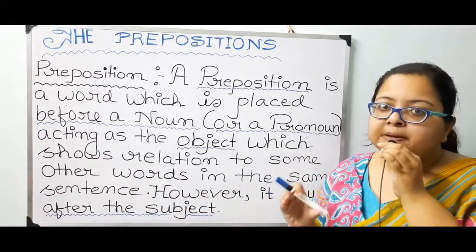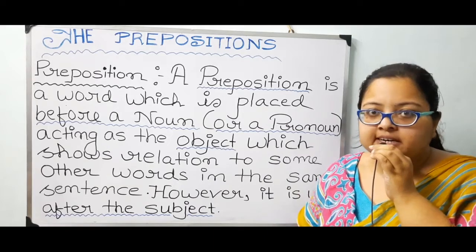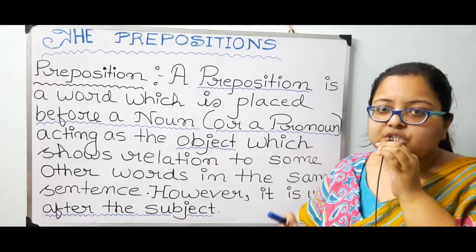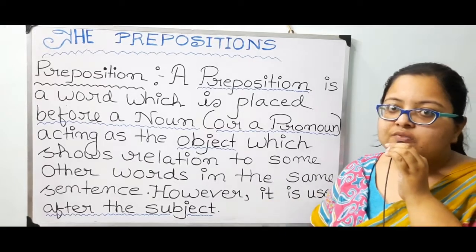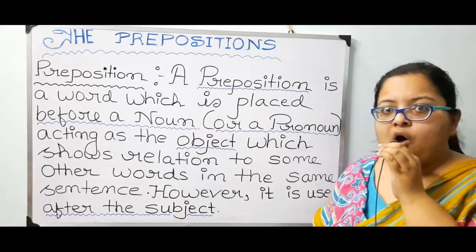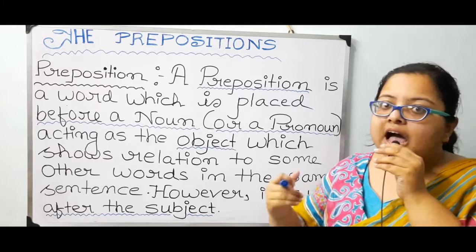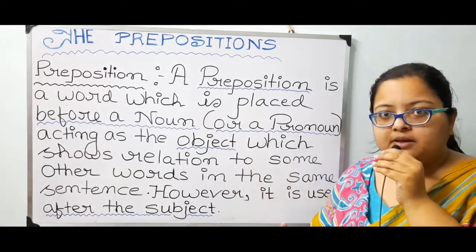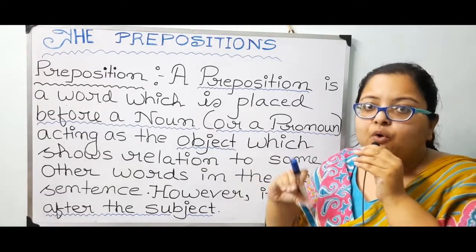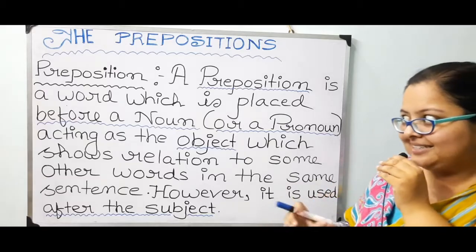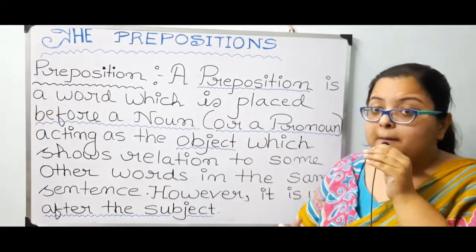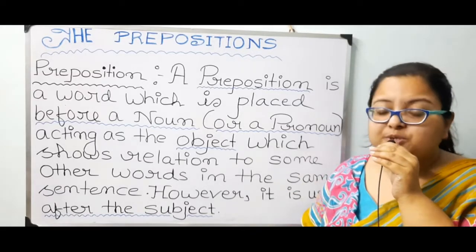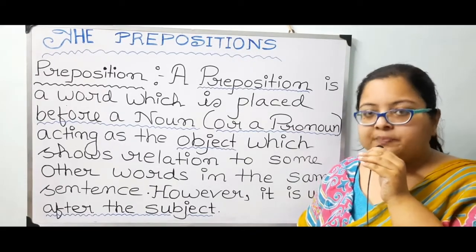So, a preposition is basically a word which forms connection with some other words or establishes a relationship of some words in that sentence. Now, students, it is used before the object. Understood?